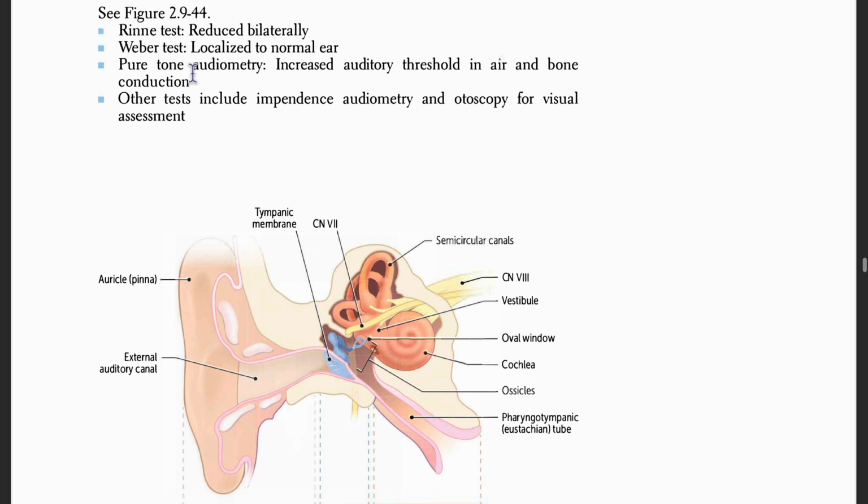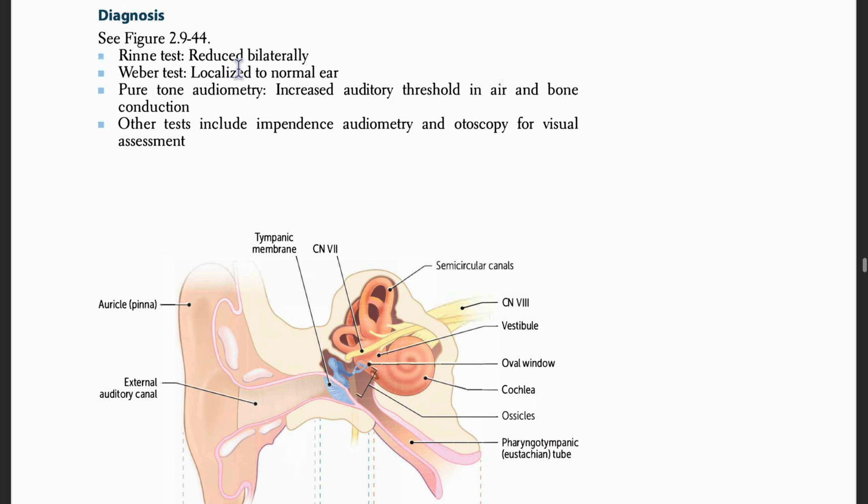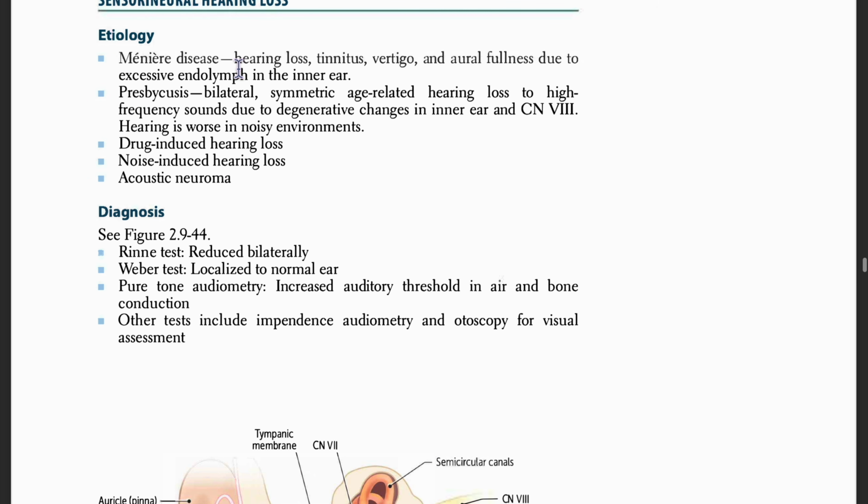Rinne's test, reduced bilaterally. Weber's test, localized to the normal ear. So in sensorineural hearing loss, it's the cochlea that is not working right. For Rinne's test, it's reduced bilaterally.